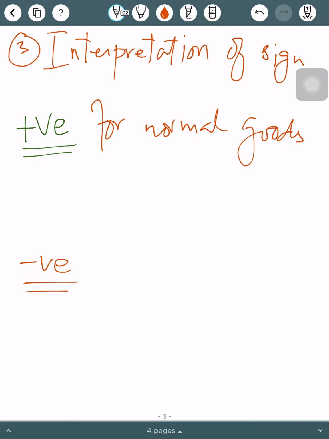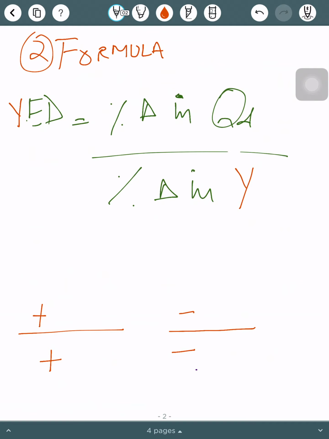Okay, so negative sign of income elasticity of demand would arise either when there is a negative change in income and that causes a positive change in quantity demanded, the answer will be negative. Or when there is a positive change in income and that causes a negative change in quantity demanded.